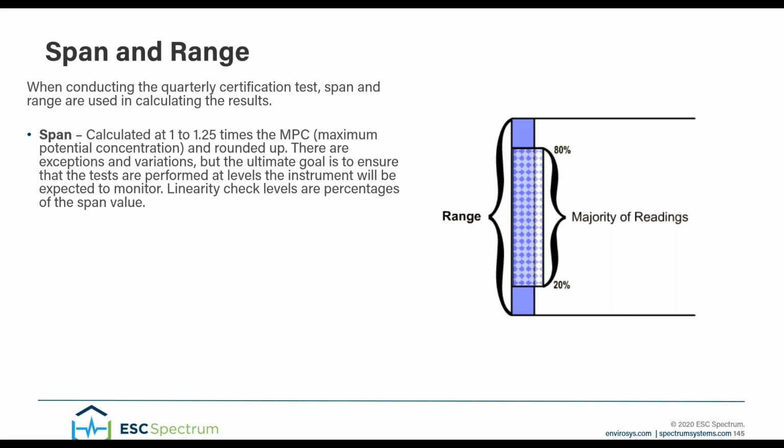The maximum potential concentrations are going to come from the Code of Federal Regulations, depending upon the parameter we're using. And there's lots of maximums that come into play when we think about the formulas and calculations. We have maximum emission rate, maximum flow, all these different maximums. But for the purpose of span, we're using the maximum potential concentration.